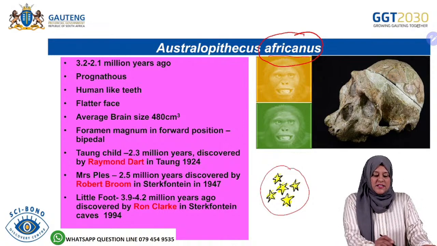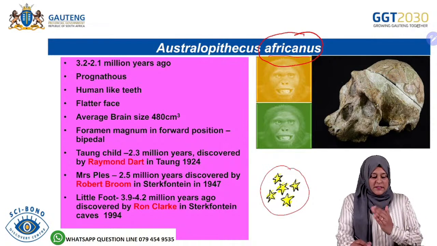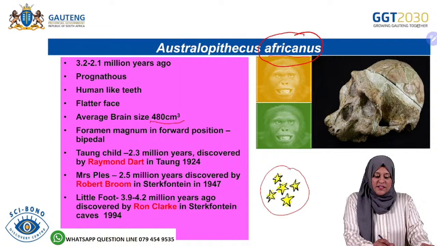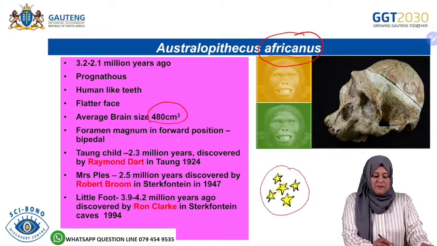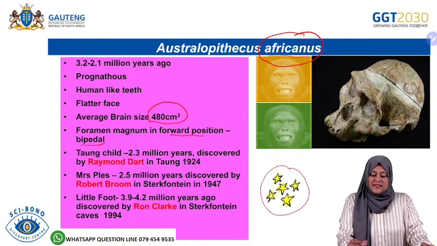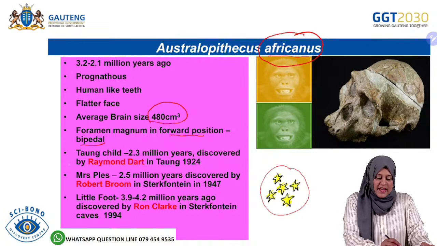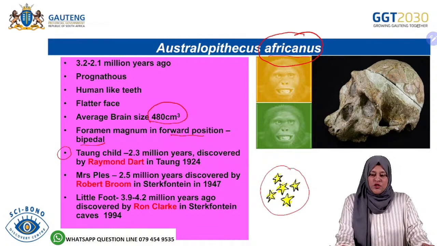Australopithecus africanus lived about 3.2 to 2.1 million years ago. They had a prognathous face, human-like teeth but flatter, and an average brain size of 480 cubic centimeters. Can you see? It's a little bit bigger. The foramen magnum is in a forward position, therefore they were bipedal. And examples of Australopithecus africanus which you have to learn: number one, the Taung child, found in Taung 2.3 million years ago, discovered by Raymond Dart.